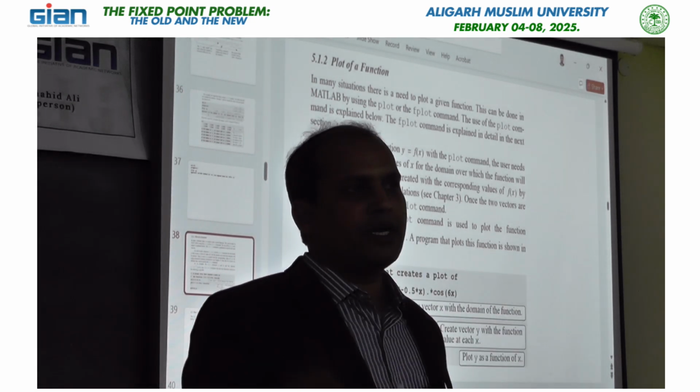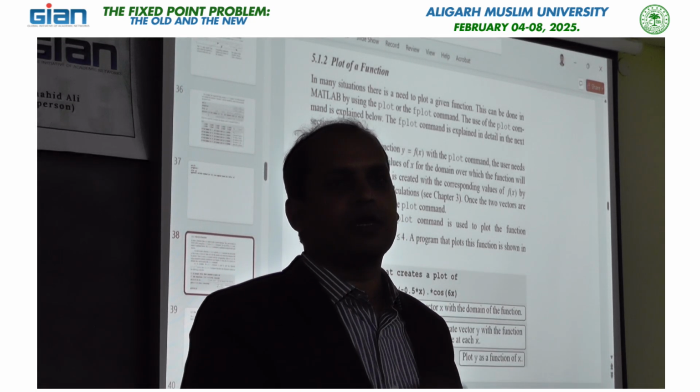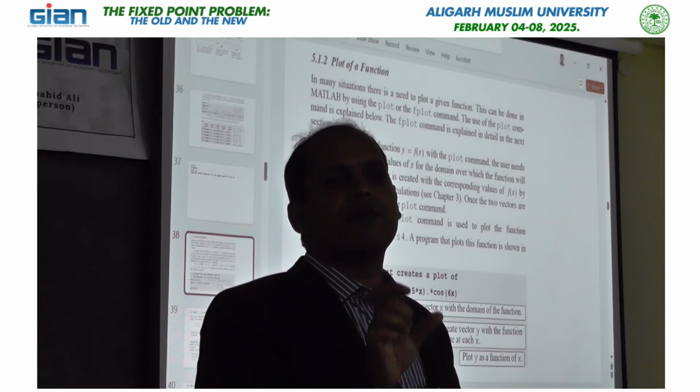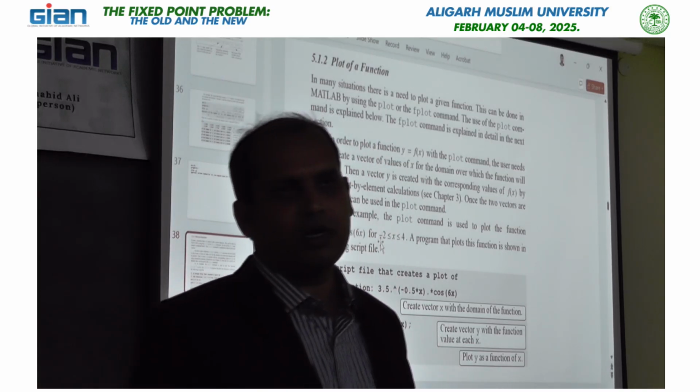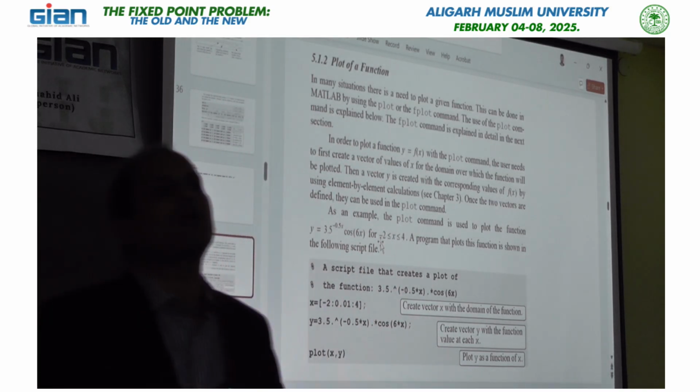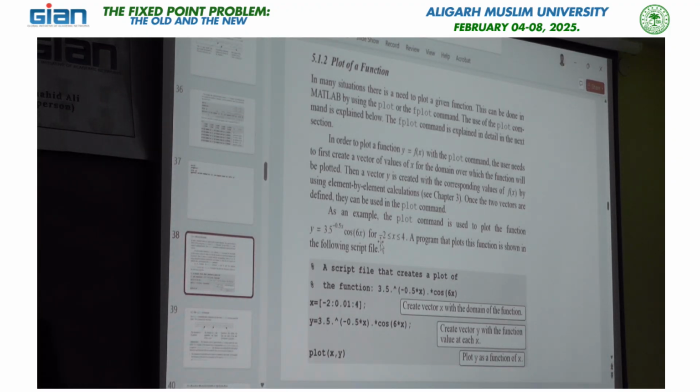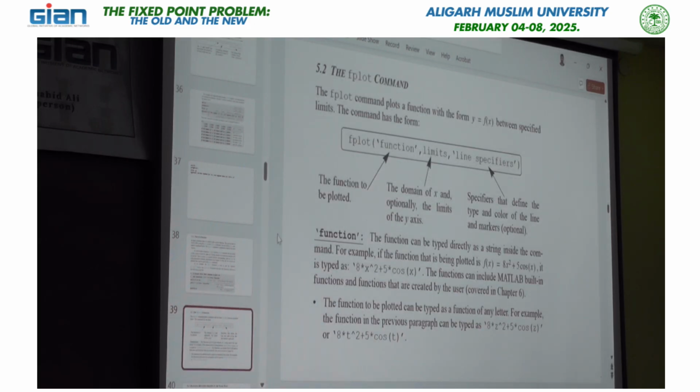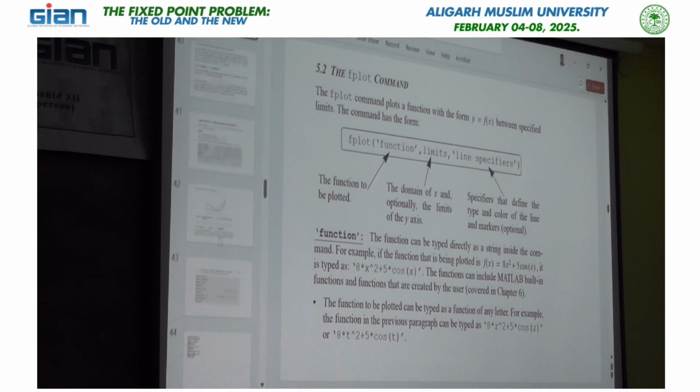Suppose we are dividing your screen into a block of 3 cross 3, and I want to put a certain figure into, say, the second block, then that can be done using the subplot command to compare several graphs, whether it is for some operators or for functions. You can use the hold on, hold off command. That I will come to later on. It's very simple, in place of the plot command you can use subplot.